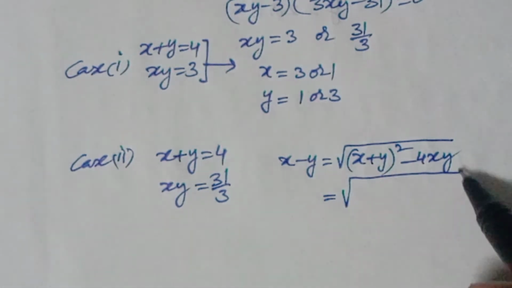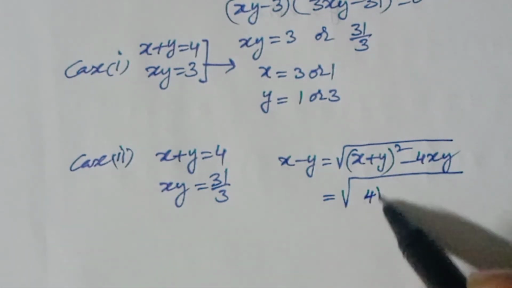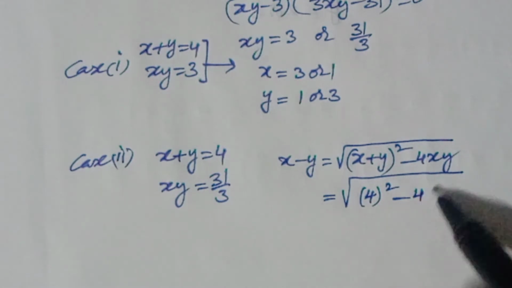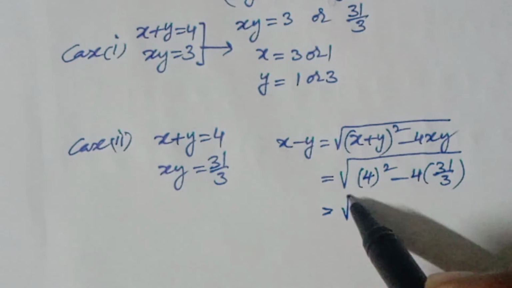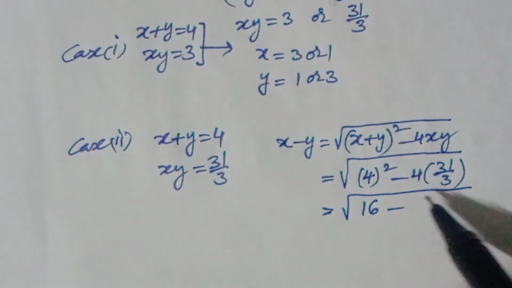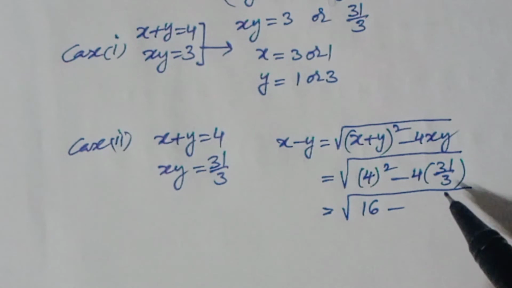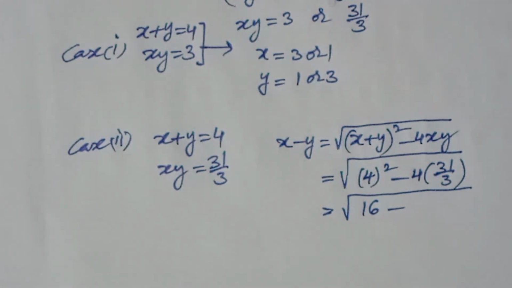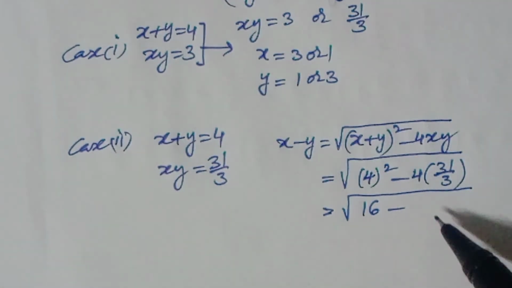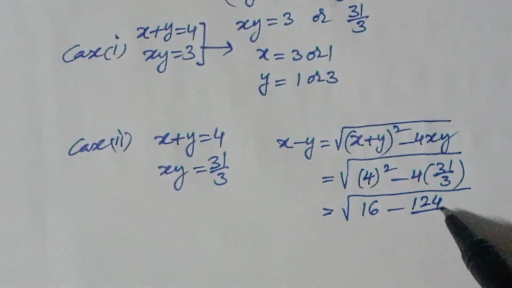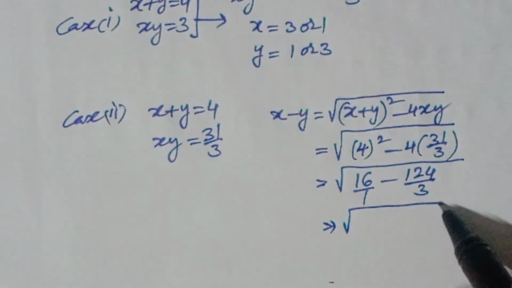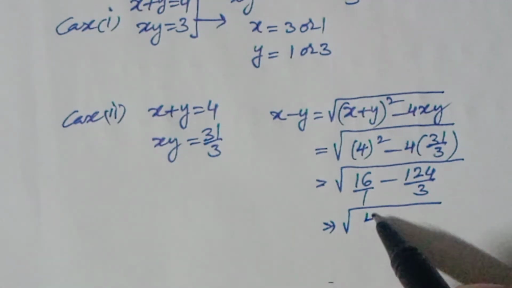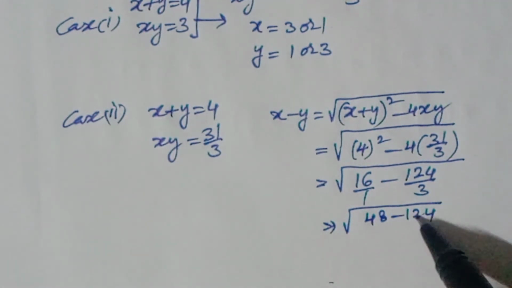So here you are getting root of 4 square minus 4 into 31 by 3, root of 16 minus 124 by 3, root of 48 minus 124 by 3.